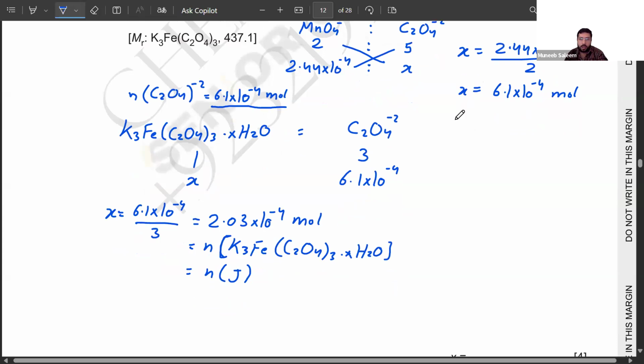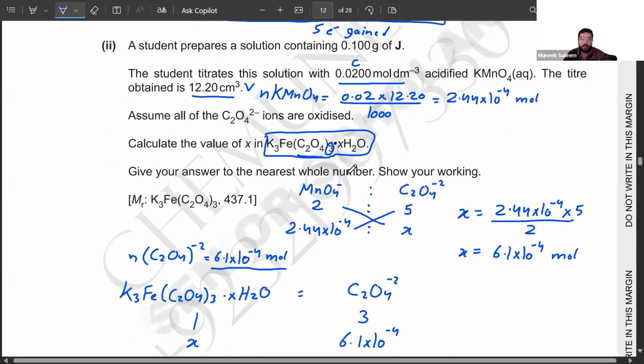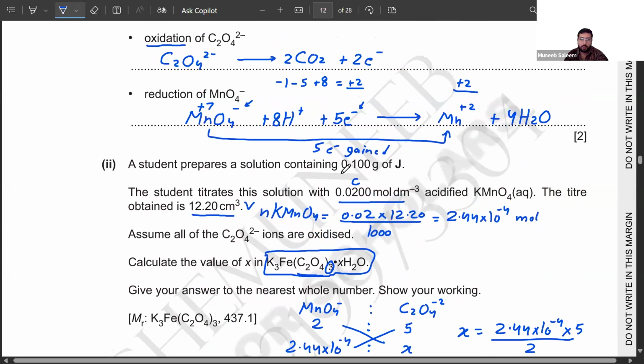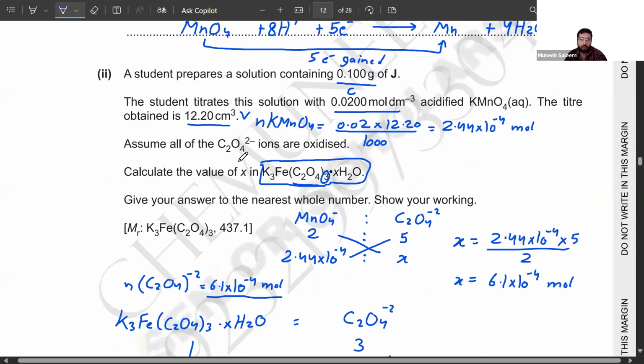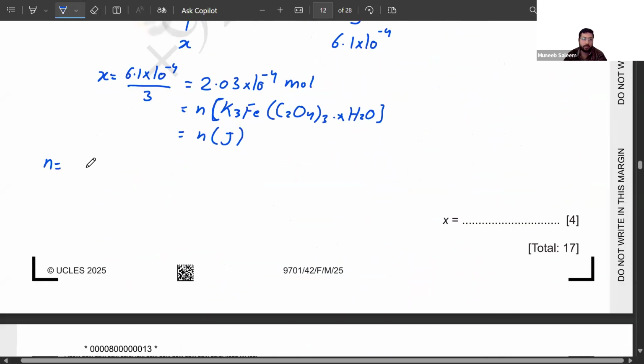Now, I am provided the value of the mass of J, which is 0.1 gram, and I have got the value of moles. So I will use the simple formula, n is equal to mass over Mr, for the compound J. So moles of J is equal to mass over Mr. So from here, we calculate the value of Mr, which will now become mass over moles.